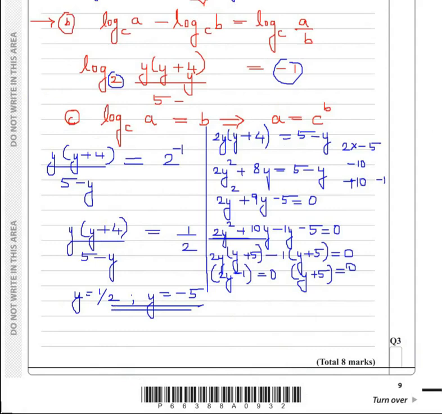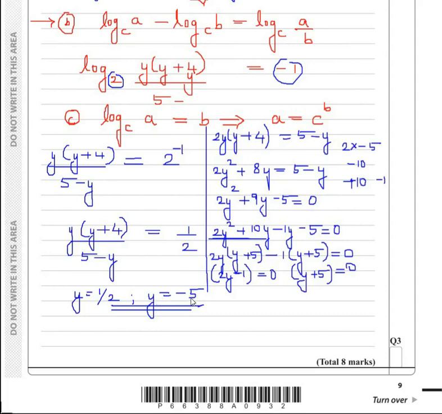Now once we have got the value of y as half and minus 5, we need to check which one is the final answer out of the two, whether it is y equal to 1 by 2 or y equal to minus 5.